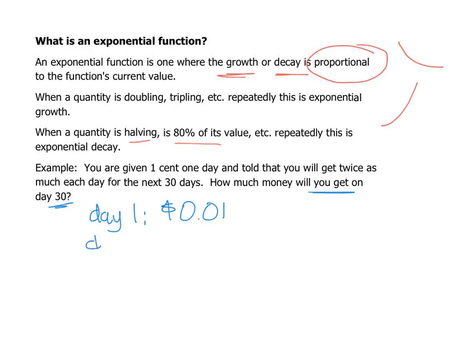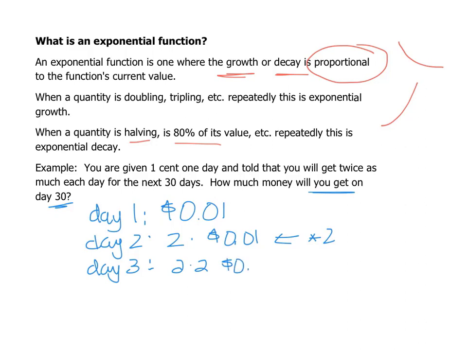So day 2, we're going to get twice as much here. So we're going to take 2 and multiply it by our original 0.01. Day 3, we're going to have the amount that I have here, and I'm going to multiply that by 2. So I'm going to have 2 times 2 times 0.01, which is going to equal 2 squared times 1 cent.